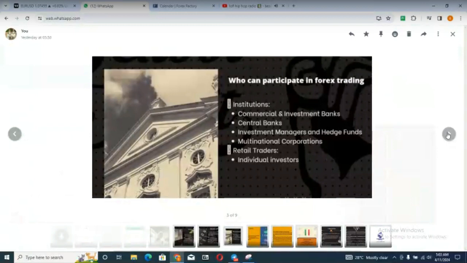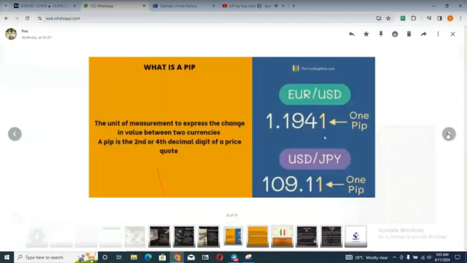So on to the next slide, and now we'll be talking about what is a pip. A pip is the unit of measurement to express the change in value between two currencies. Now, we have EUR/USD on our chart here.